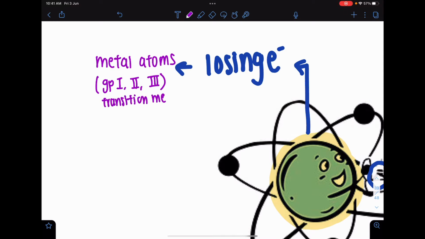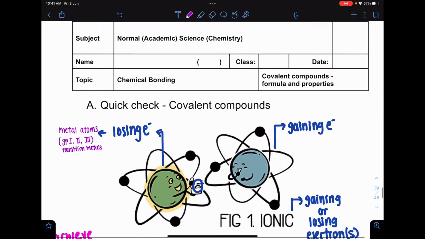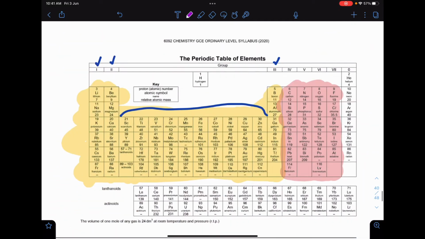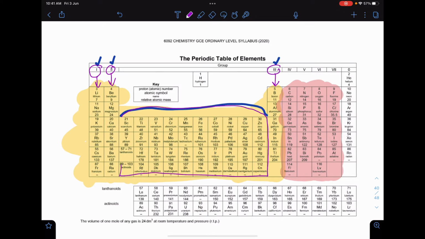So where are these elements found inside the periodic table? If you go to your periodic table, this would refer to everything in group 1, group 2, group 3, as well as this block over here. This block over here is called the transition metals.